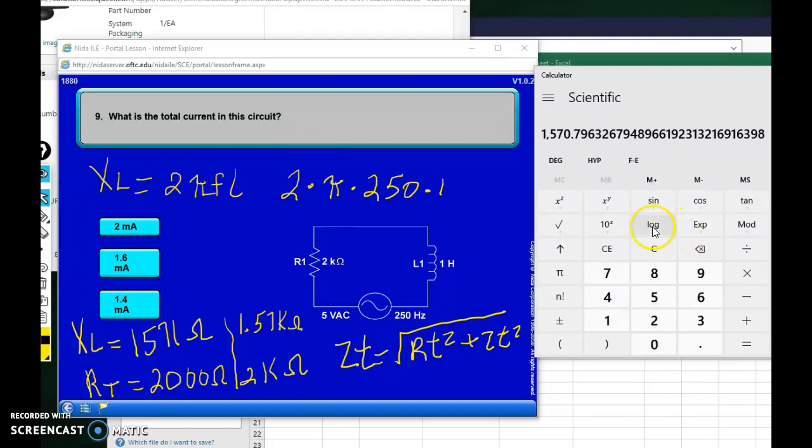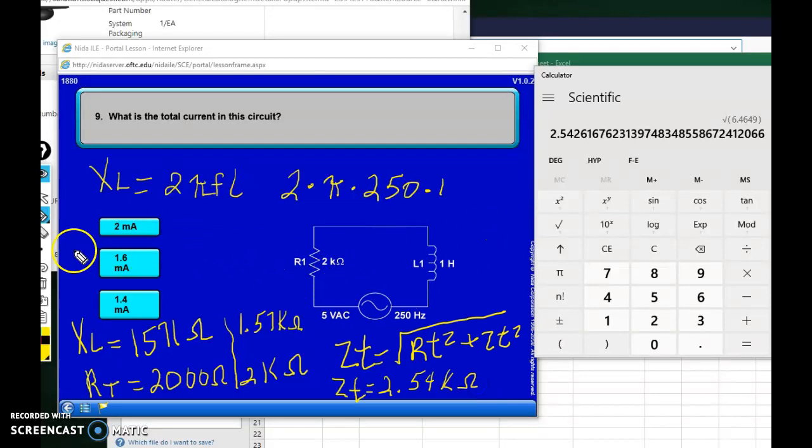So let's clear our calculator: 2 squared plus 1.57 squared equals, and we get the square root of that, 2.54. So we've got ZT. Let me write this in somewhere where we can access it. I'll come down here below this and write ZT equals 2.54K. So we're getting closer.